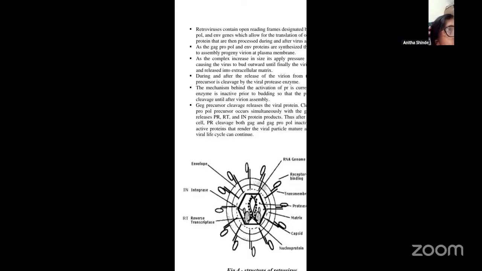Like this you have different diseases in which an RNA virus is present. Wherever an RNA virus is there, such diseases or infections are not fully treated, only up to a certain level. Why? Because, as I told you, of the presence of the reverse transcriptase enzyme. So this is the concept, the life cycle of the RNA viruses.